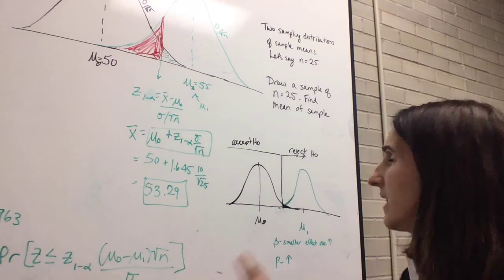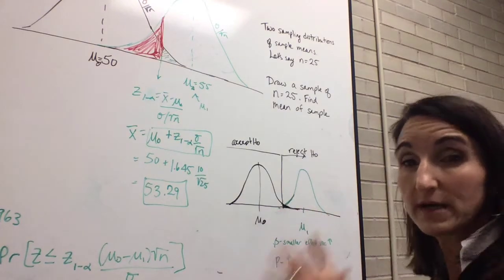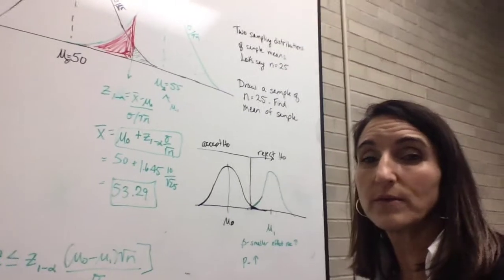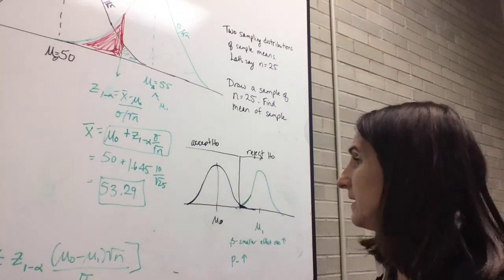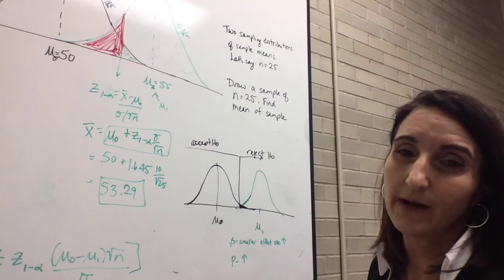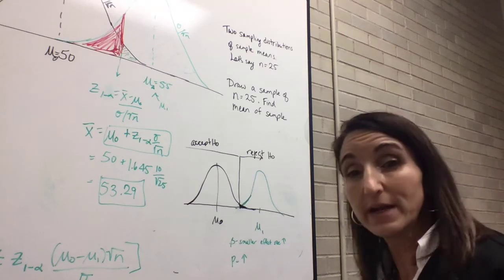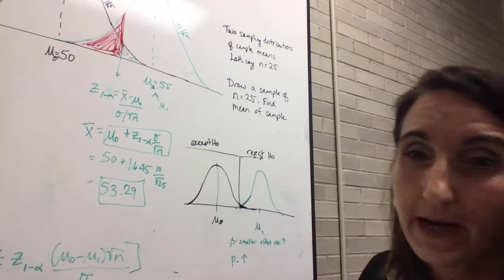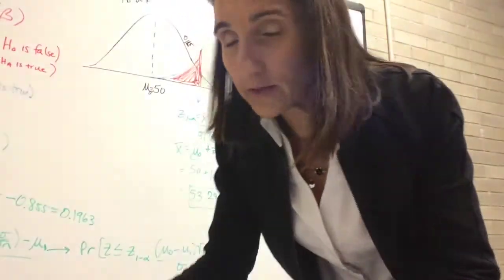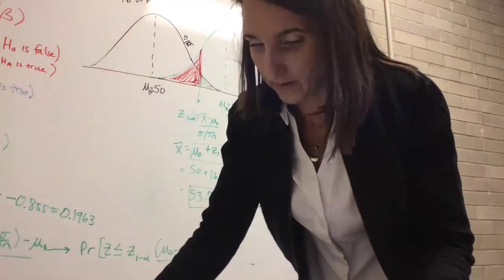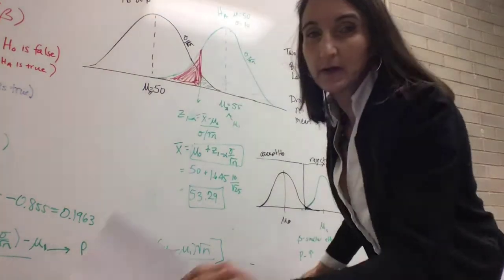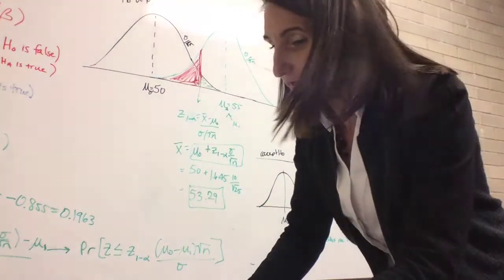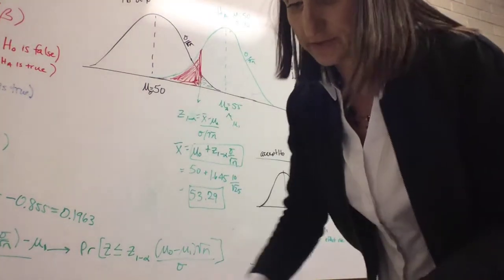So the errors come about because of the overlap. The more we can reduce that overlap, the lower the beta error will be, and the higher the power will be. So that is looking at a one-sided alternative. These same principles about decreasing the overlap also apply for a two-sided alternative.